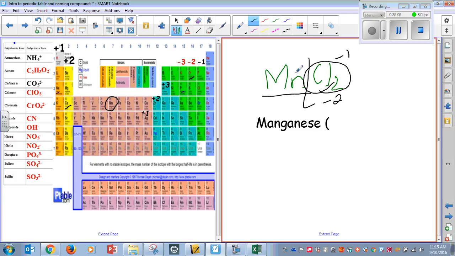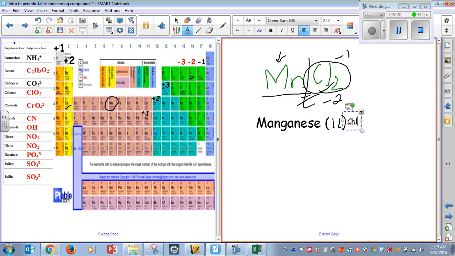Since there's only 1 manganese, that 1 manganese has to equal that +2, which means this is manganese(II), and then chlorine is a monatomic ion, so I need to write its name out and change its ending to -ide. So this becomes manganese(II) chloride.